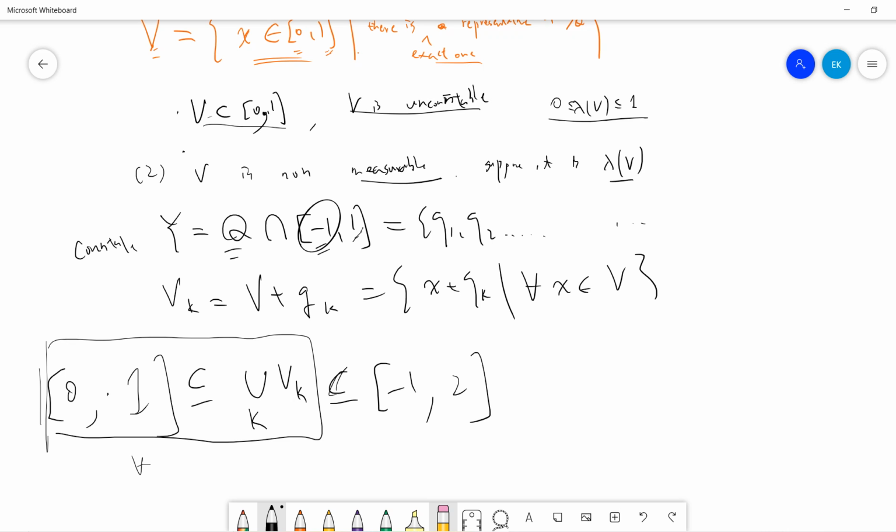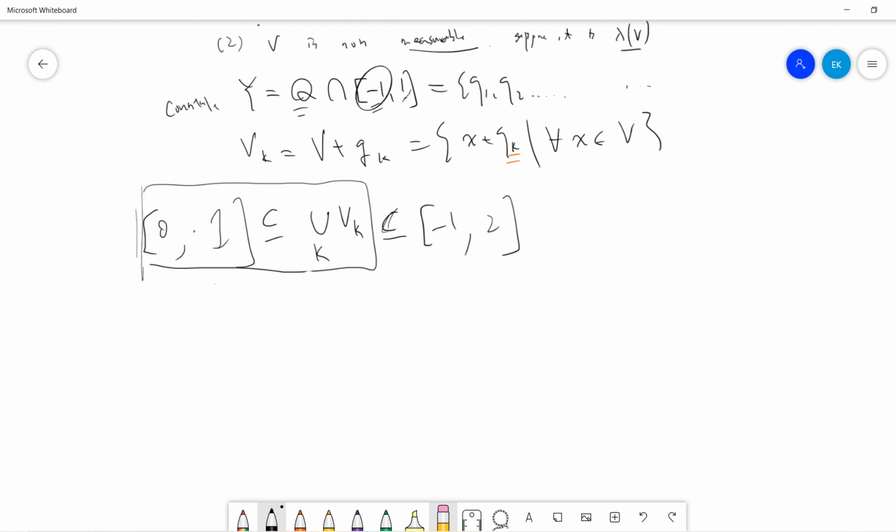For any number x belonging to [0, 1], by definition there's a representative, so I can always find qk such that it falls into vk, because I can shift by adding that representative. So this qk will make the vk cover [0, 1] as a closed interval.